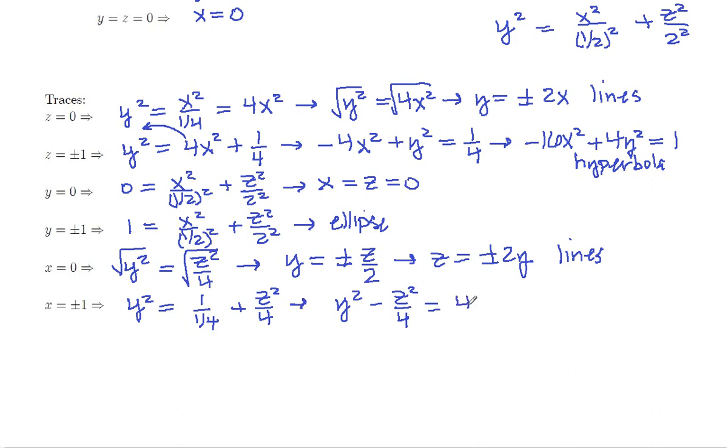Reciprocal of 1/4 is 4. And then we've got to divide everything by 4 here to get our standard form. So this will be y squared over 4 minus z squared over 16 is equal to 1. And that's another hyperbola.